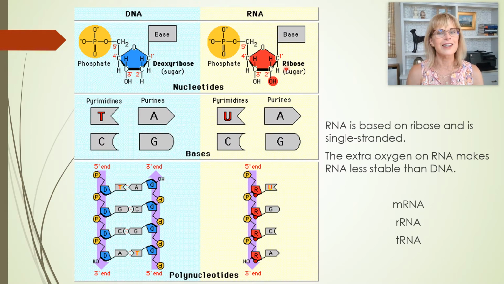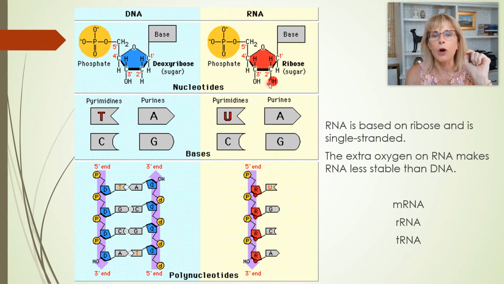All righty, so we've spoken about DNA. Let's talk about RNA. You should notice that DNA and RNA look a lot alike, except for the blue and the red. But DNA nucleotides are different right there. Do you see that?